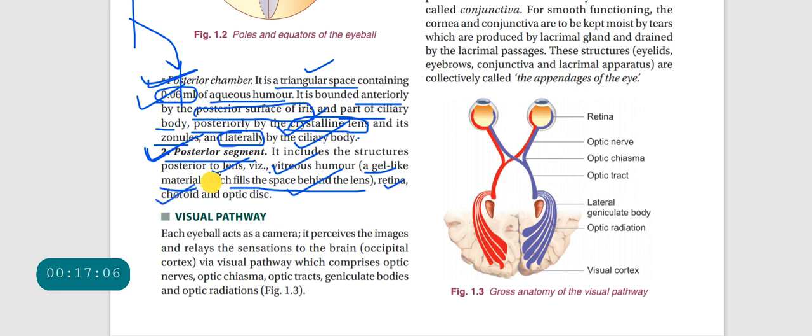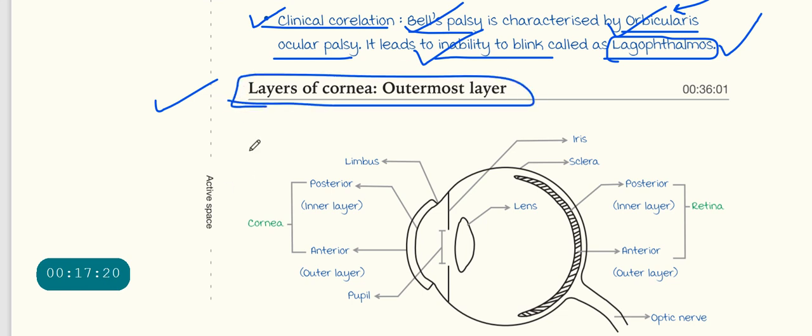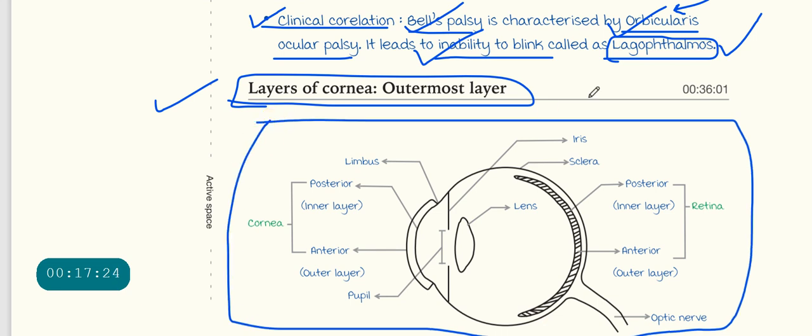So let's see the diagram. Basically we are here to see the diagram of the eye first, then we'll go to the cornea. First was the limbus. These are the layers of the cornea. Basically we'll discuss the iris first. Iris, as we studied, and sclera.